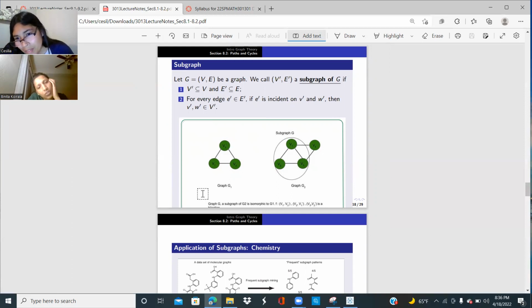The first one is just a graph and the second one is a subgraph of G. This one is supposed to be a subgraph of this one, with V2, V3, and V4. Graph G is a subgraph of G2, which is isomorphic to G1.